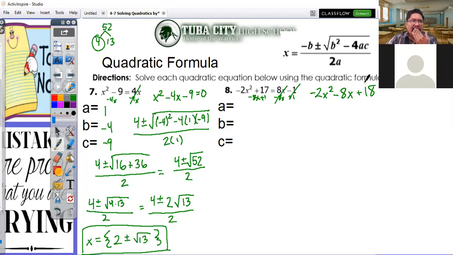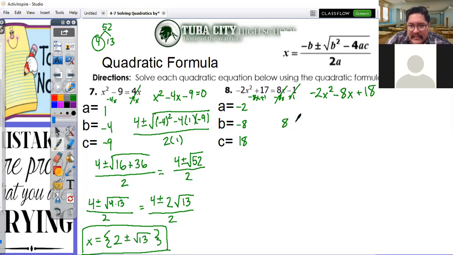I think we can do something with this. I think I could divide everything by 2. But if you're not sure, it just works with everything. So I mean, I think there's a shortcut here, but today our lesson is learning how to work with this thing. So it looks like we're gonna have to use it as much as we can. All right, so negative b.